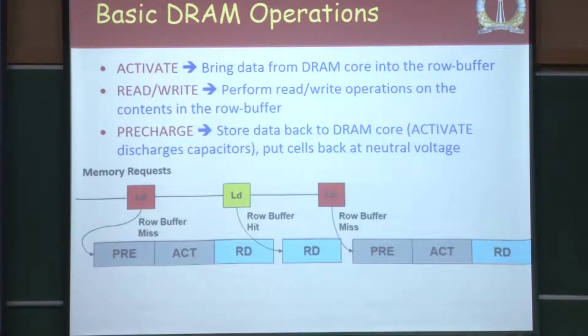Whenever you are trying to access another row which is not there in the row buffer, that is called a row buffer miss. And when there is a row buffer miss, you have to do precharge, activate and read, and that takes more time. Whenever there is a row buffer hit, that means that the row is already there in the sense amp, you are going to incur only the read time, which is faster.